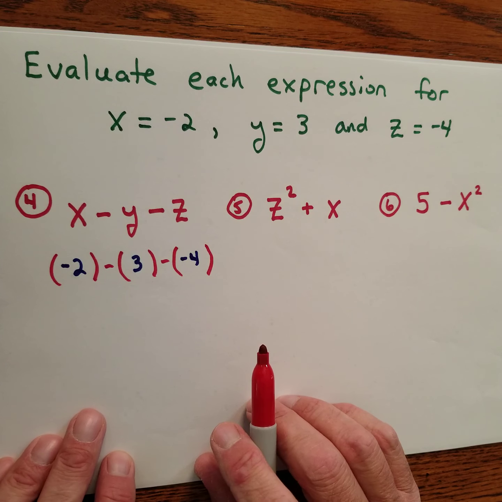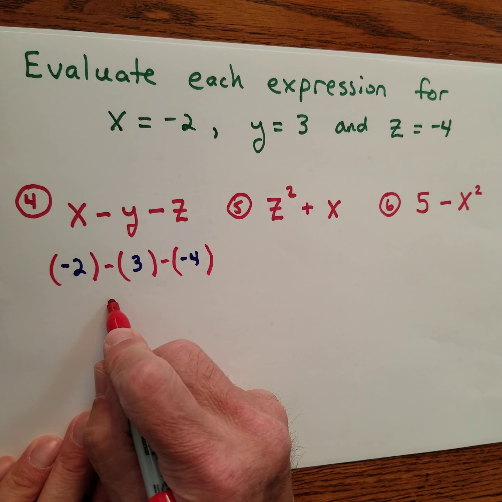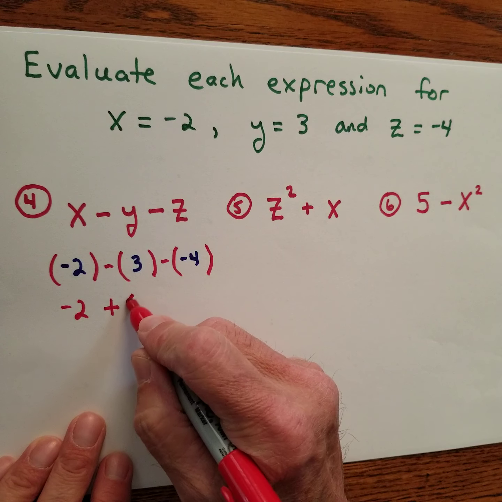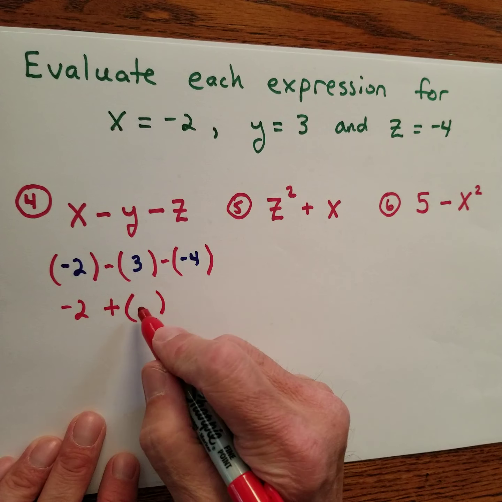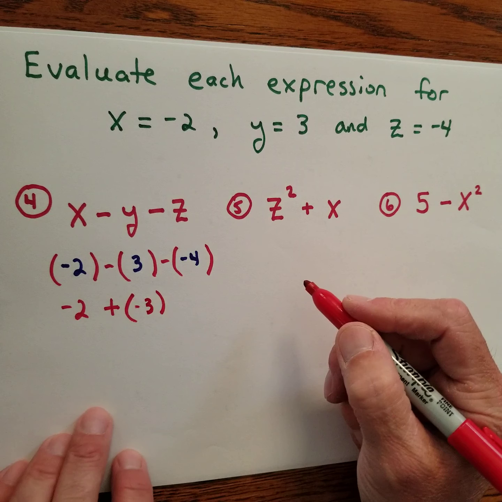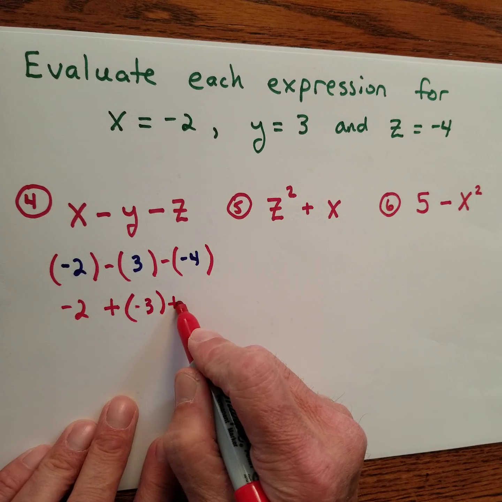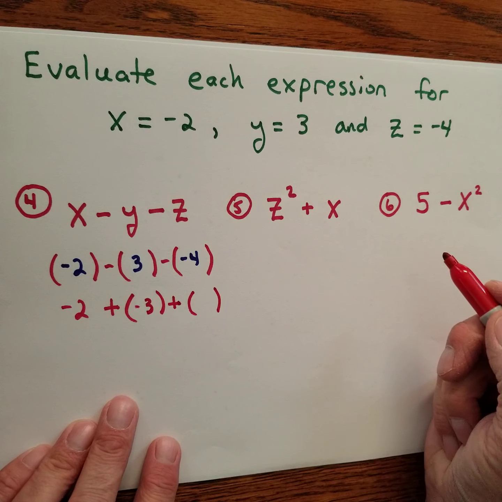Now let's rewrite this problem, because we like to change subtraction to addition of the first number and the opposite of the second number. Opposite of a +3 is a -3. And we like to change subtraction to addition of the first number and the opposite of the second number.